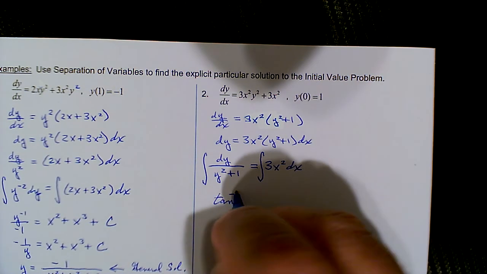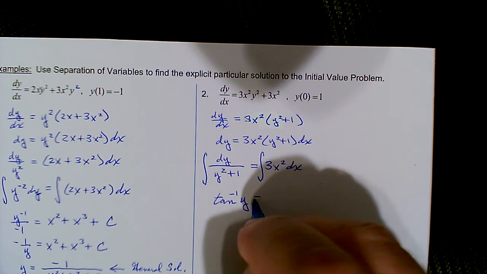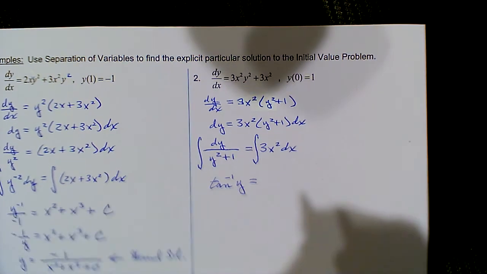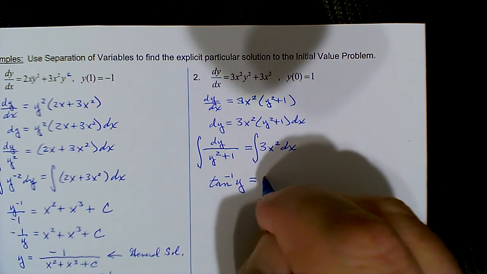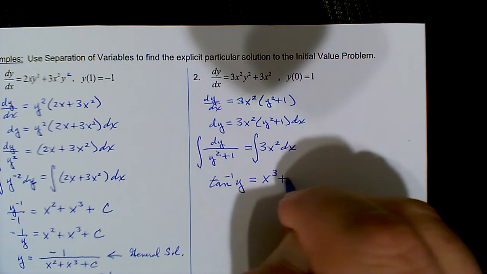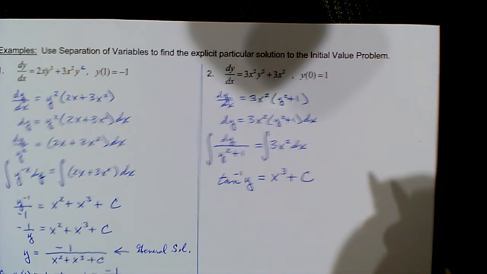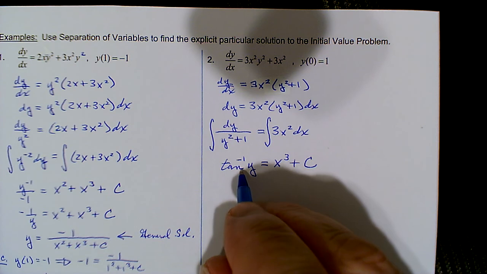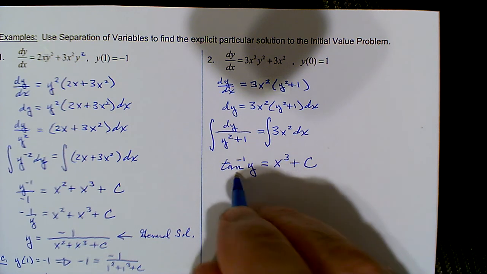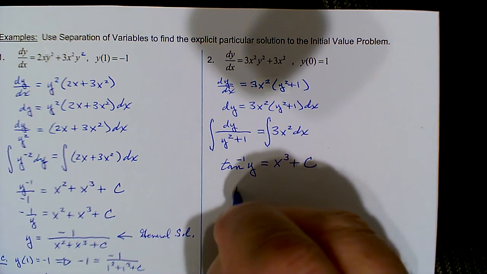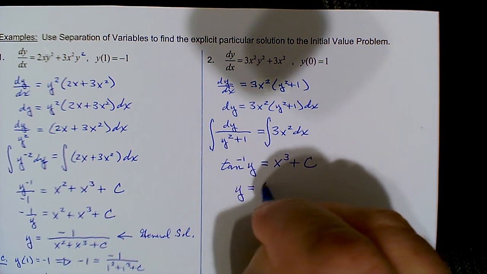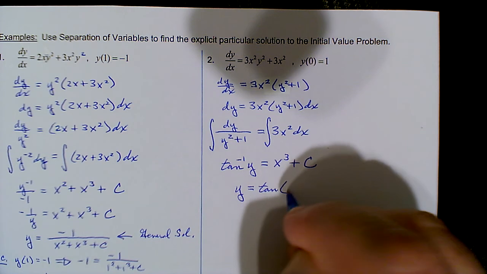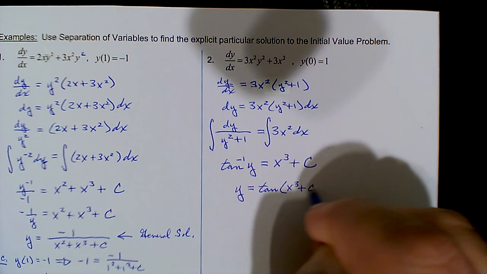And then we're looking for the angle such that the tangent of the angle is 1. So you could do the inverse tangent, use a calculator, however you want to go about it. That's 45 degrees or pi over 4. So then our particular solution would be that y is the tangent of x cubed plus pi over 4.